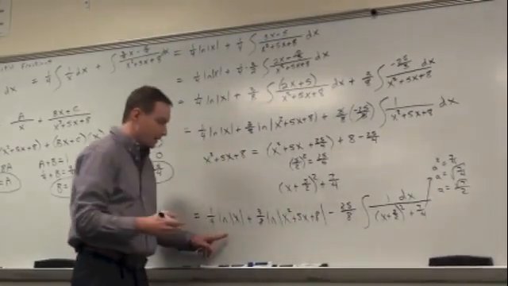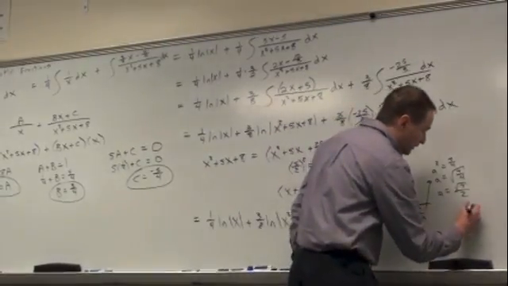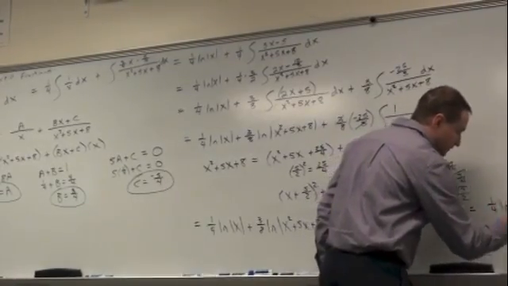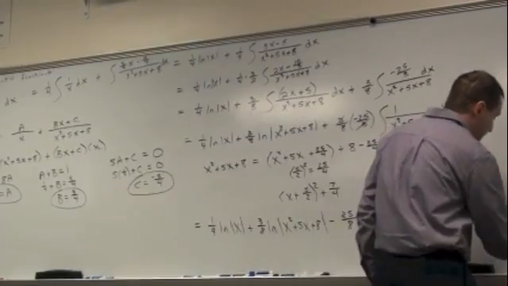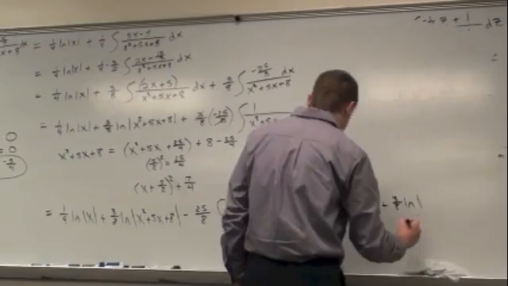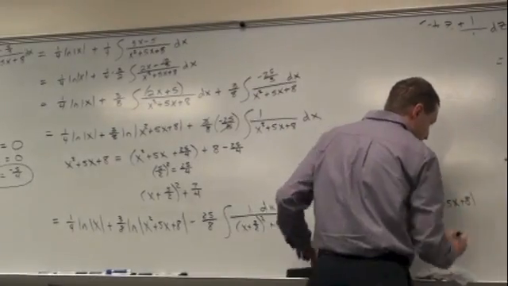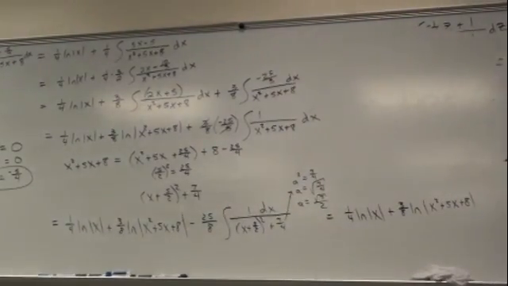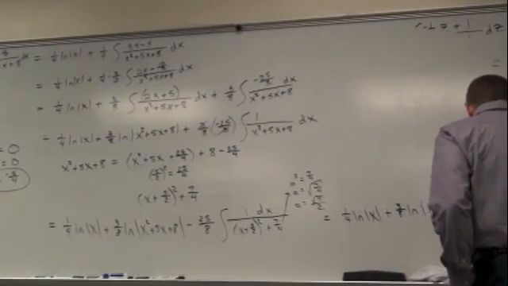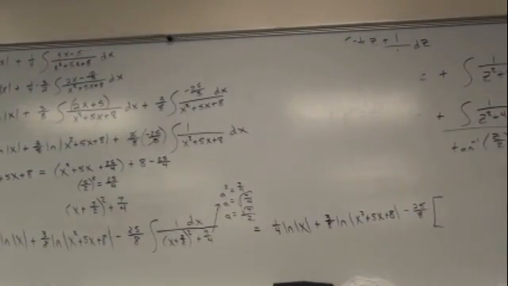So I'll say, okay, this answer is final, this answer is final, the last answer is almost final. 1/4 natural log of x plus 3/8 natural log of that trinomial x squared plus 5x plus 8. Now we'll say minus 25/8 times the integral of that term.